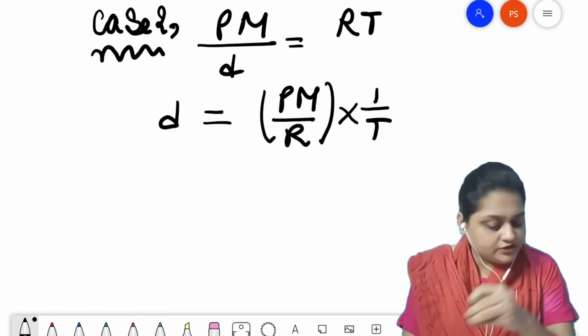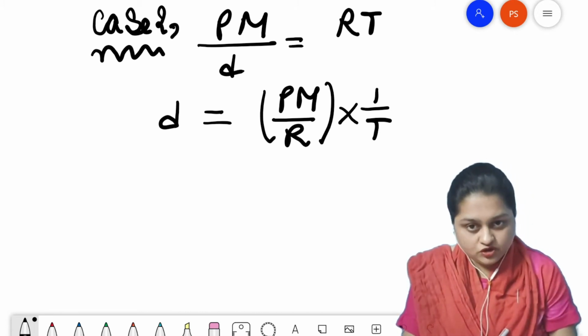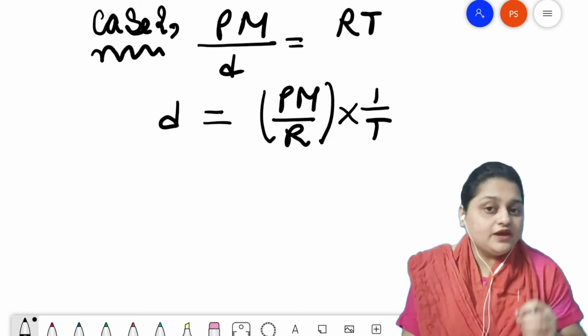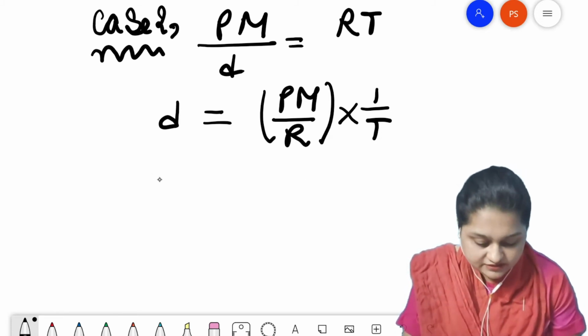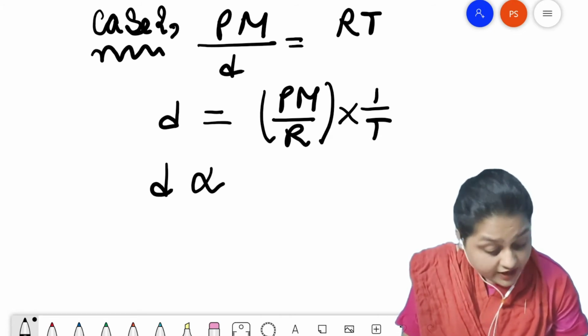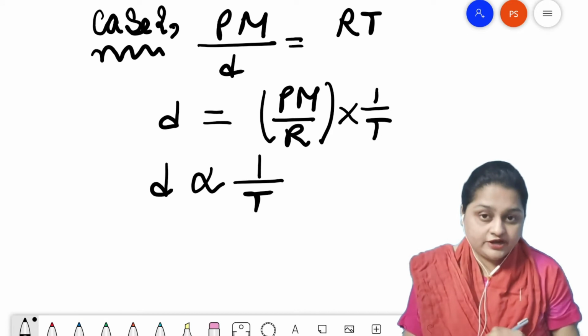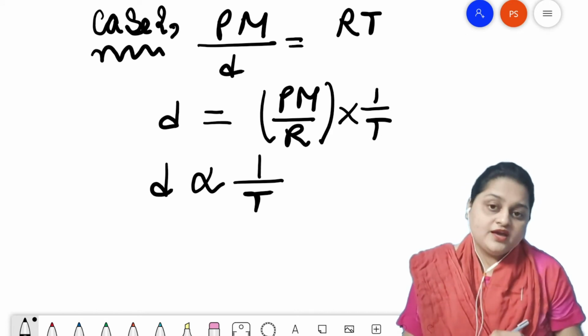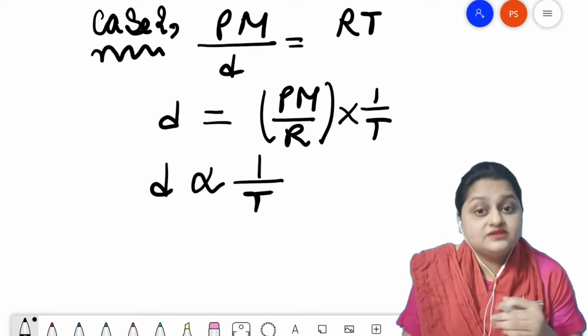So for a particular gas at constant pressure, this term is entirely constant. This will give that d is inversely proportional to the temperature. That is, for a particular gas at constant pressure, if you increase the temperature, the gas will become less dense.